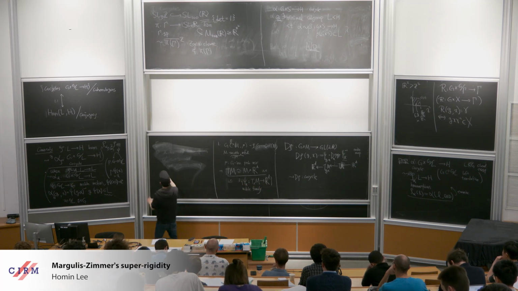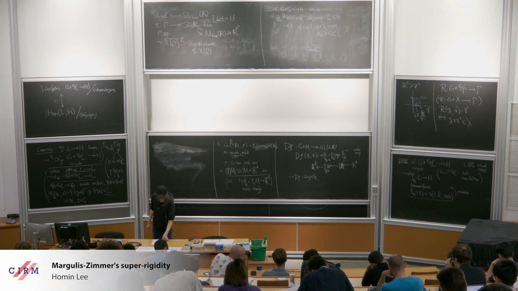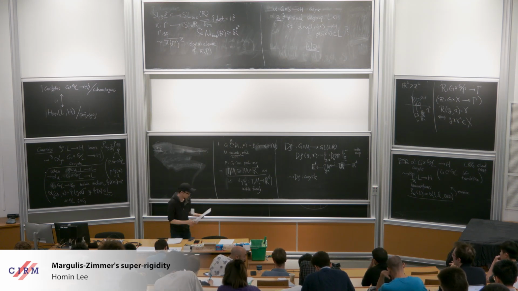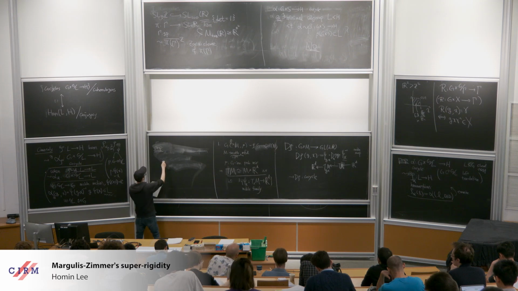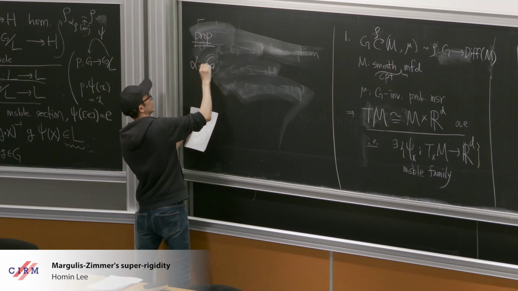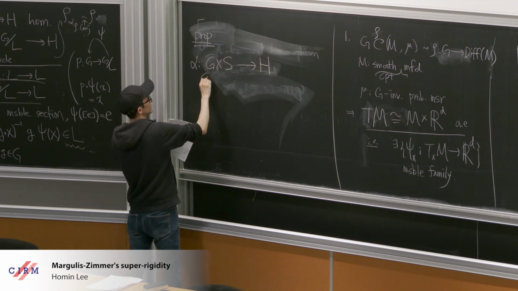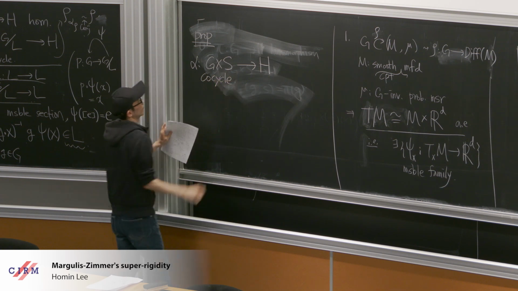So here's the proposition. Let alpha from G times S to H be a cocycle.